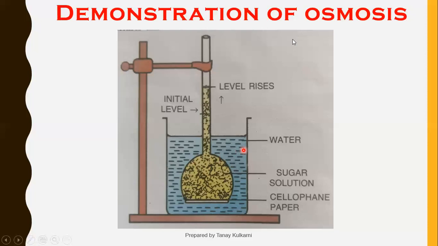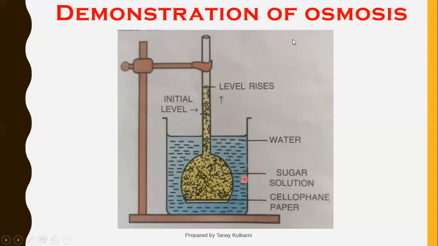It is very important to understand that concentration can also be visualized from the side of the solvent as well. And that is why there are two different regions. Region one is more solute, less solvent, and region two is more solvent, less solute. This different concentration is nothing but tonicity.